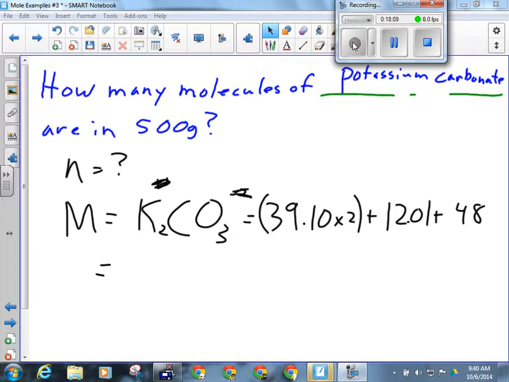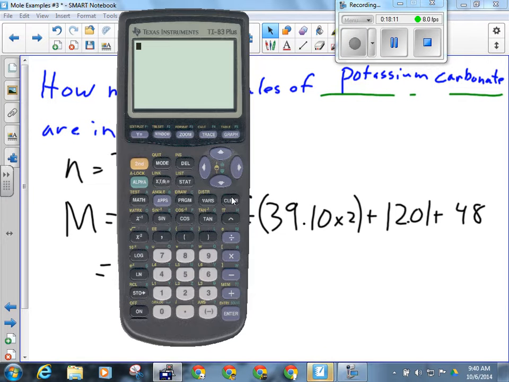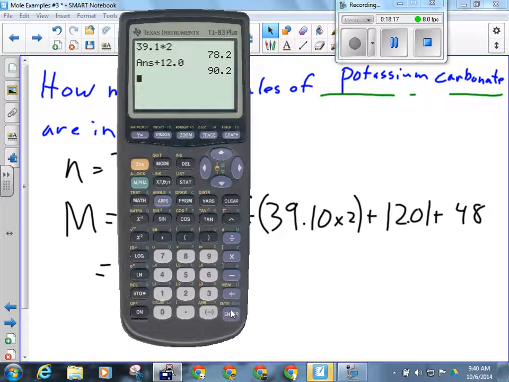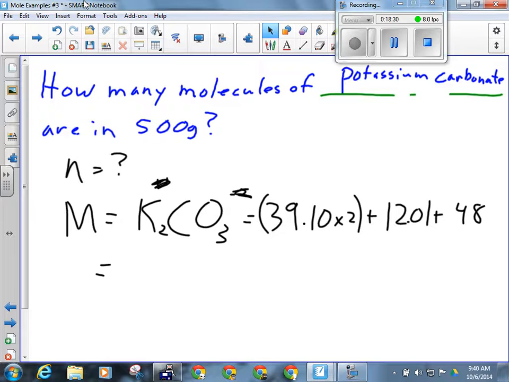That'll give us our molar mass: 138.21 grams per mole.